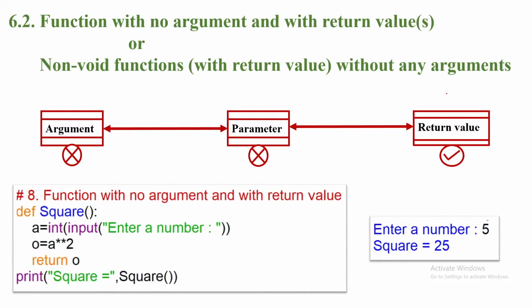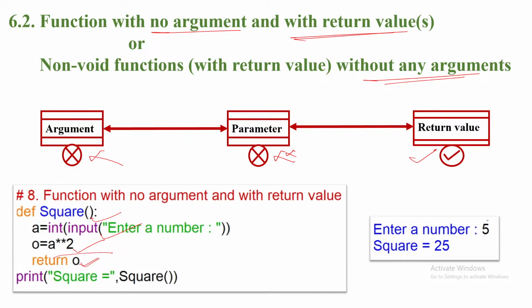Next, function with no argument and with return value. With return value means non-void function, without any argument. No argument passing, no parameter receiving, but it returns the value. So here we define the function, take the input, solve that task, and then return the value.